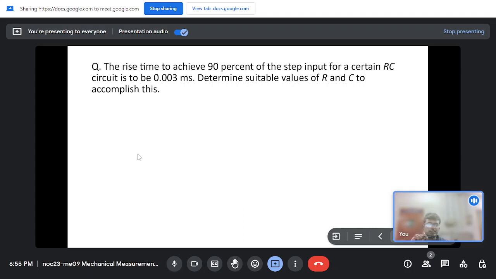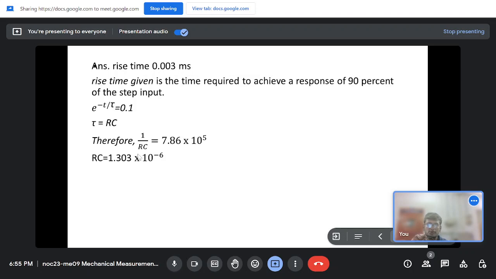So we've been asked to find out the resistance and the capacitance values which can be used to accomplish this rise time. So we'll see how to calculate. So rise time is given as 0.03 milliseconds for 90% of the steady state value to be reached.